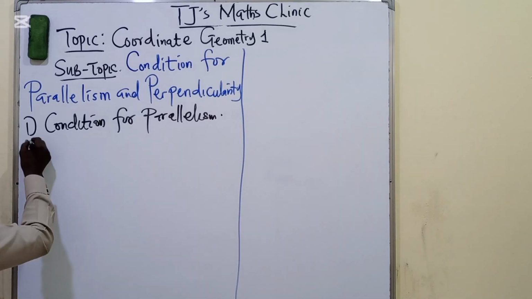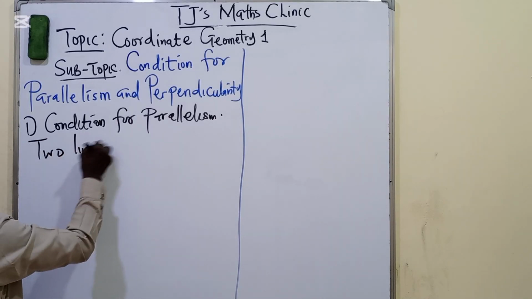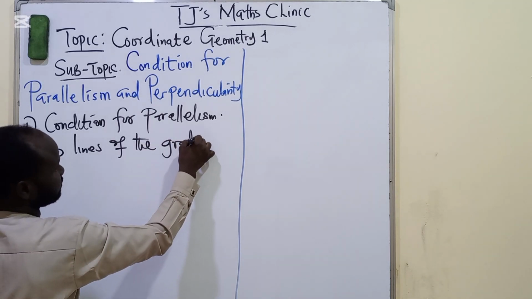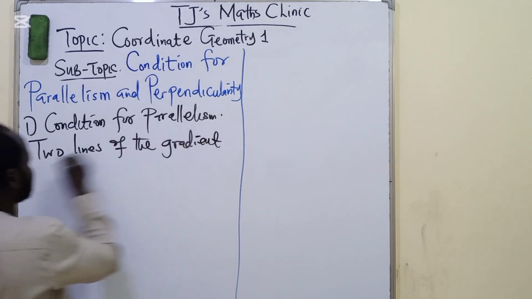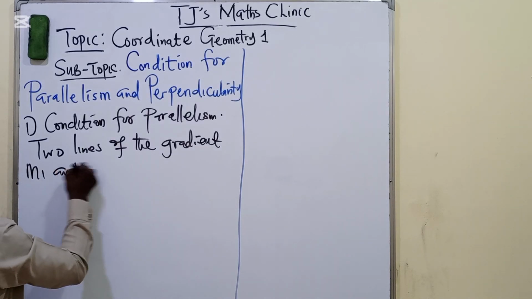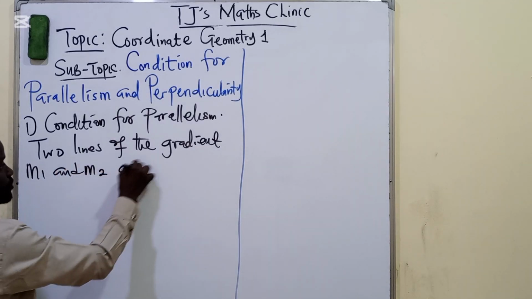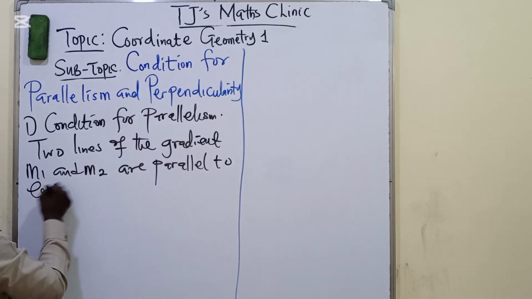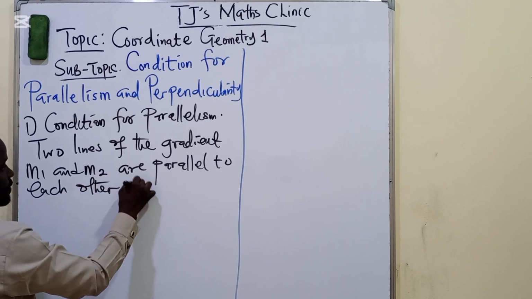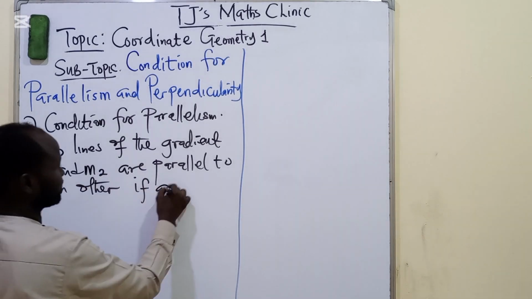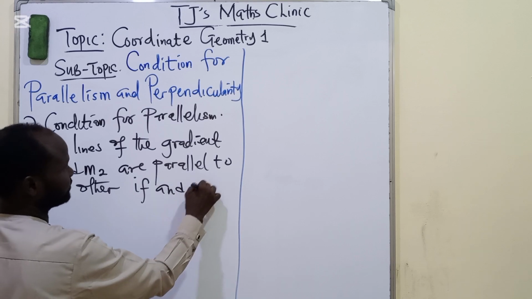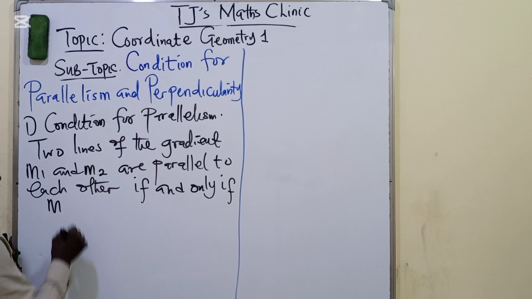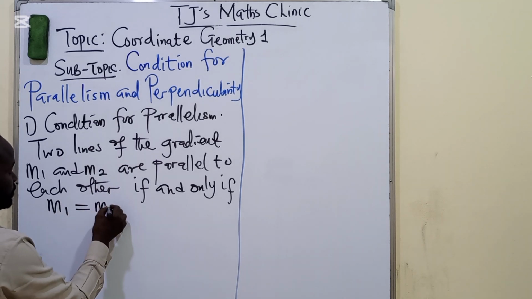Two lines of the gradient m1 and m2 are parallel to each other if and only if m1 is equal to m2.